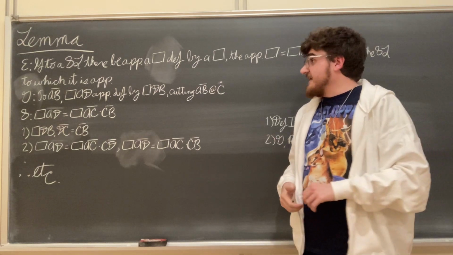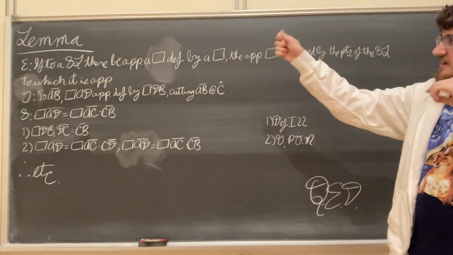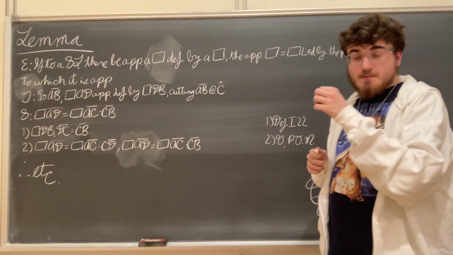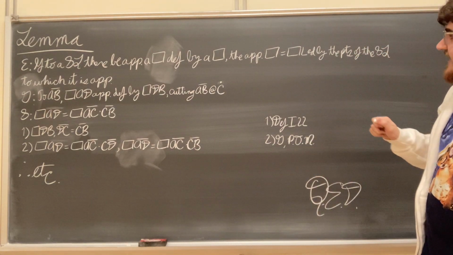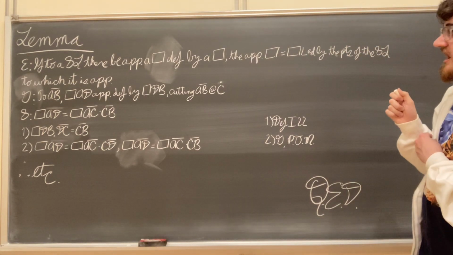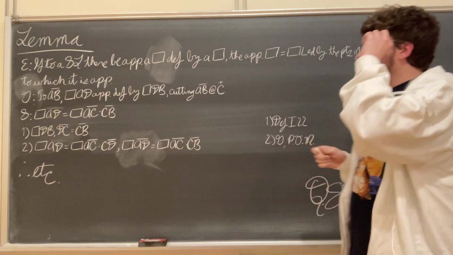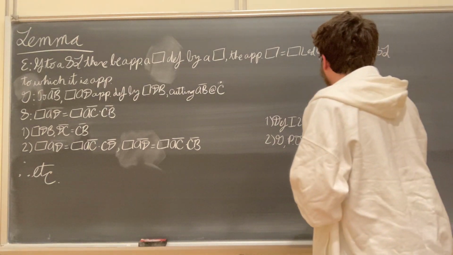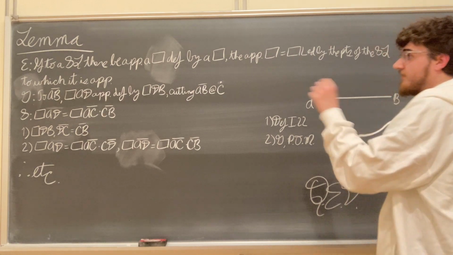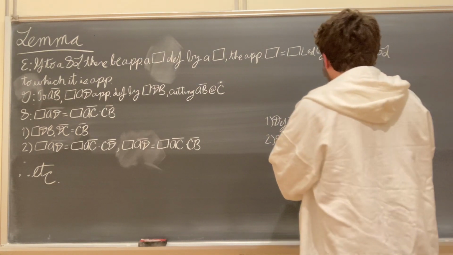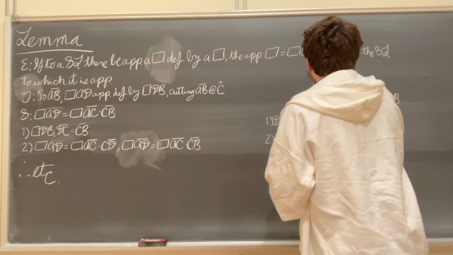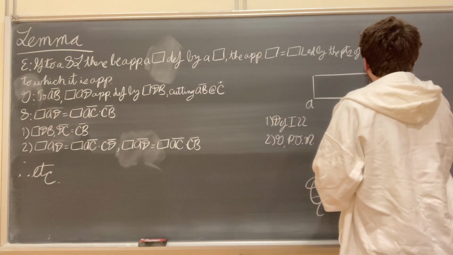Now let us demonstrate that lemma, which says that if to a straight line there be applied a rectangle deficient by a square, the applied rectangle is equal to the rectangle contained by the parts of the straight line to which it is applied. Well, the straight line AB, to which we will apply the rectangle AD deficient by the square DB, something like so.